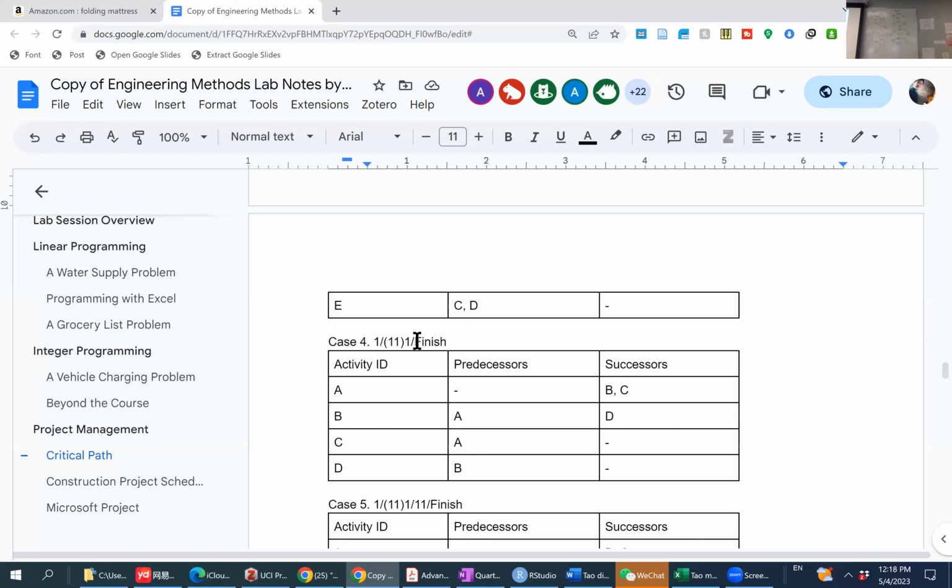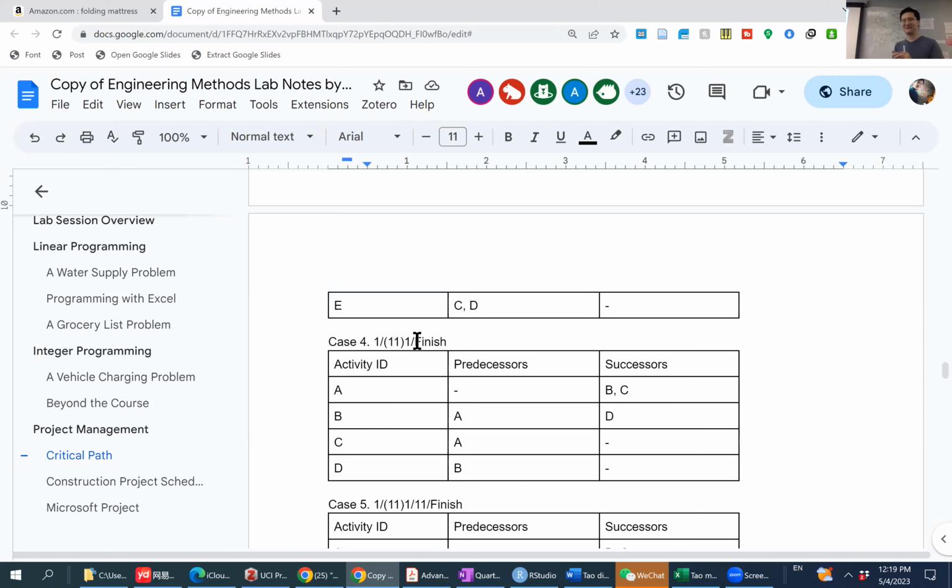Any question there? So in AOA, you have the dummy arrows. In AON, you have the dummy nodes. You don't have the arrows for that, right? In case 4, we do not have dummy arrows or a dummy node in the AOA way, but we do have a dummy node in the AON way.